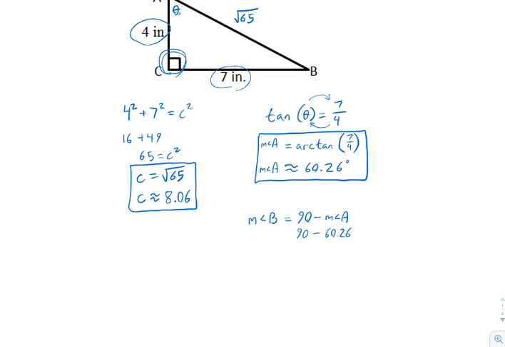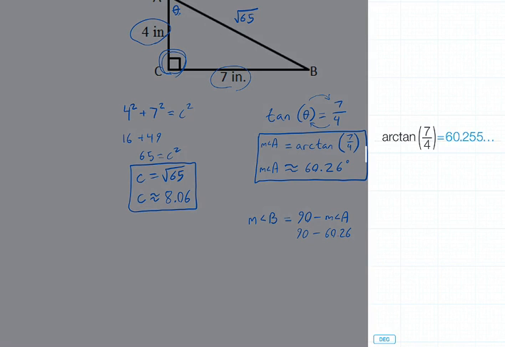60.26. And again, since I am actually using that value to find a new value, I do not want to use the shortened version. So I'm going to go over here and I'm actually going to use the exact value. I'm going to say 90 minus the arctan of 7/4, which I know the arctan of 7/4 is 60.255.